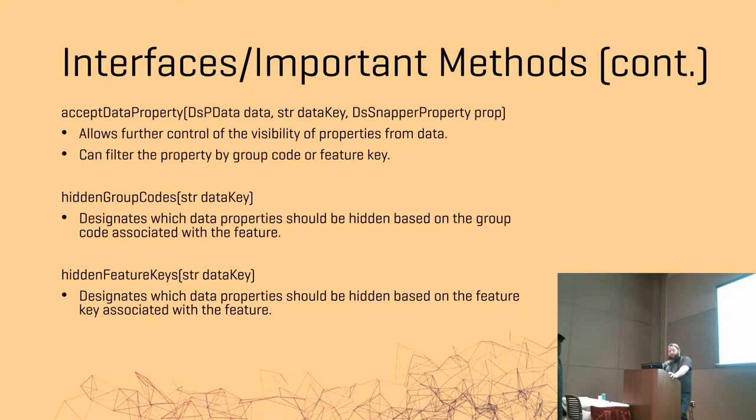This gives you a little more control of the visibility of specific properties. You can filter the property based on the feature code, feature keys, or the group code. Those get checked in the hidden group codes and hidden feature keys methods that we see here, which do pretty much what they say. They are a list of the group codes and feature keys you want to hide from properties.